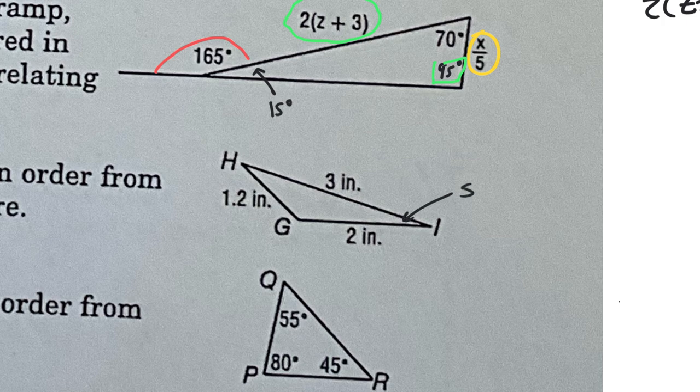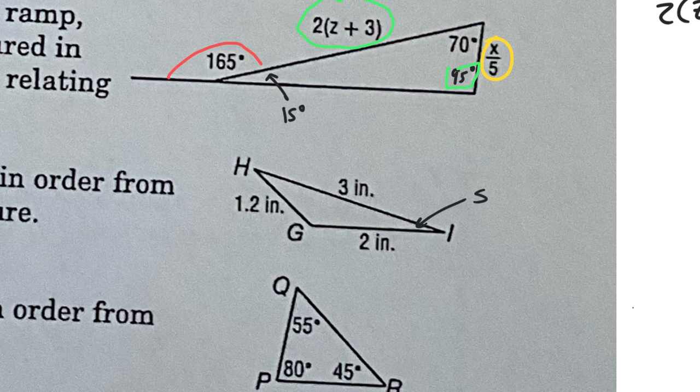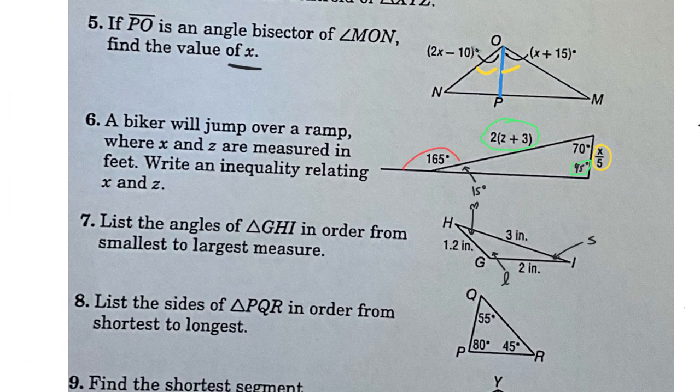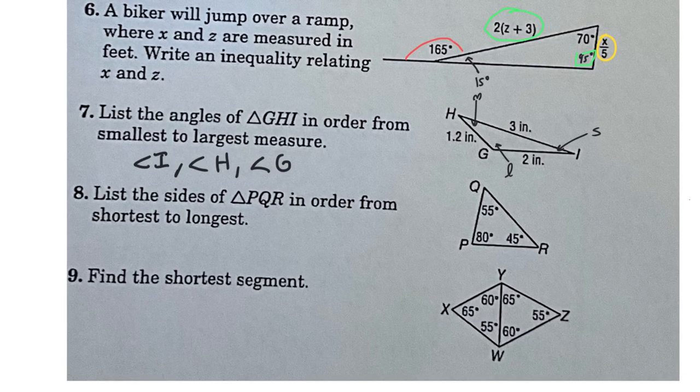Come on. S. The medium one, clearly this one, and the largest one, clearly that one. So if we want to list the angles, that's angle I, which is the smallest. Then the medium one is angle H. And then the largest one is angle G. So that's that.